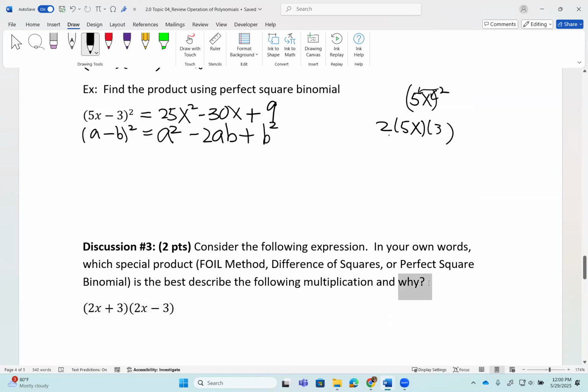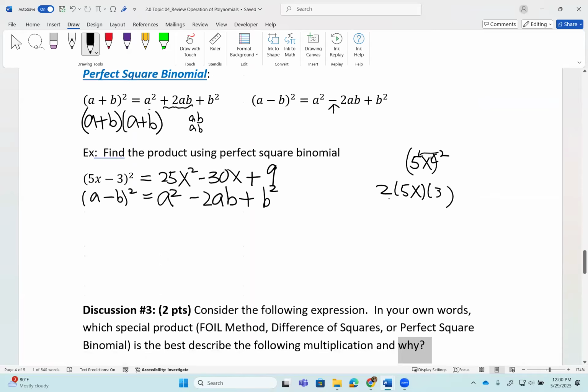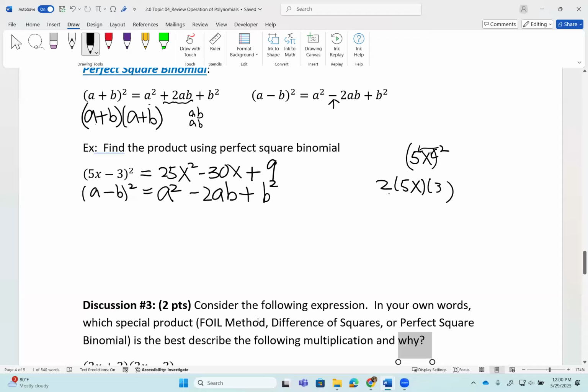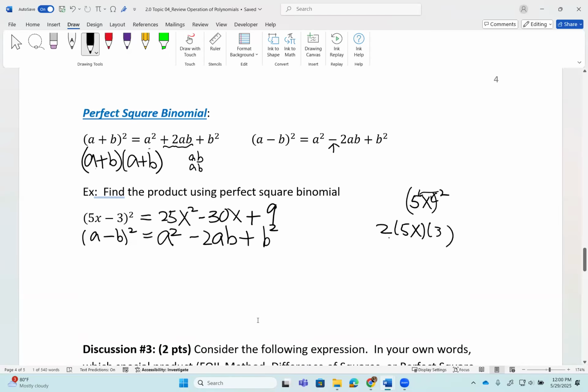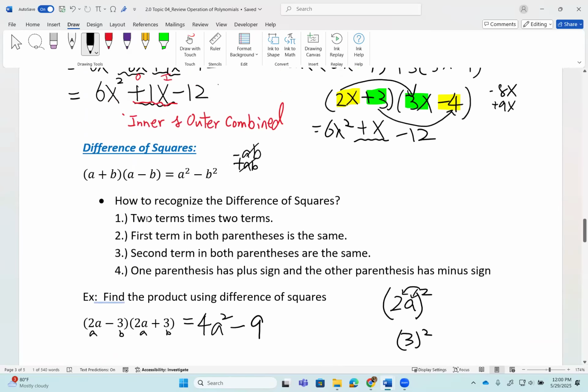Once you decide which type of special product this example is, then you need to tell me the reason why. All right, so we quickly reviewed the operations of polynomials, talking about the degree of a polynomial and how we can add, subtract, and multiply polynomials, and we quickly introduced the special products.